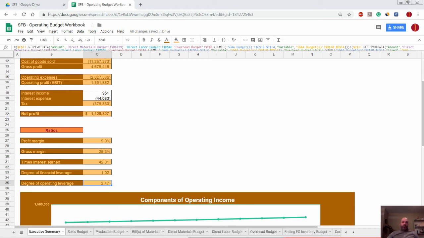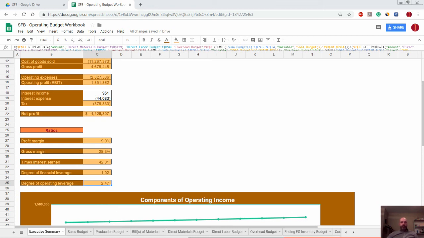It has to do with a concept called contribution margin. The principle's the same as with the degree of financial leverage.